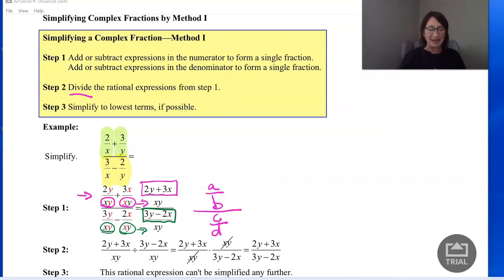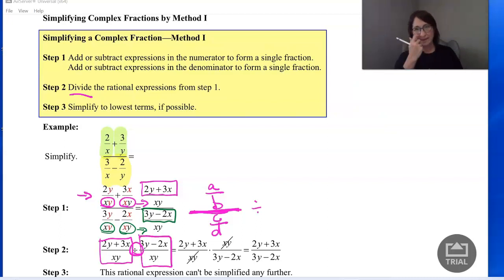So now I'm going to take my numerator, 2y plus 3x over xy. And then my fraction bar is actually the same as a division sign. That's what we see here. And my denominator is what I'm dividing by. So now I'm going to use my keep, change, flip algorithm. I'm going to keep that first fraction, so you can see I just bring it over.